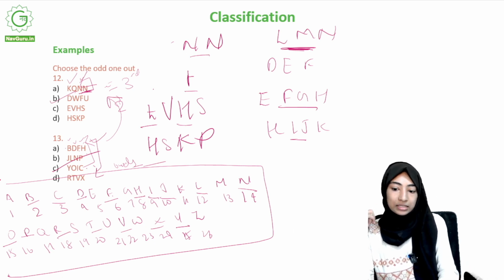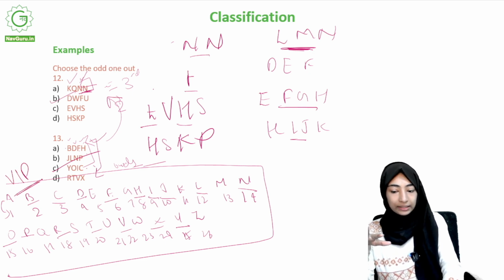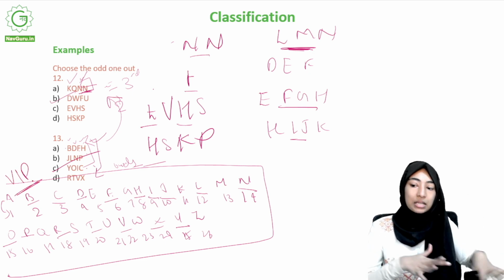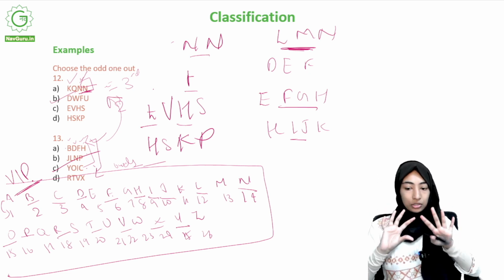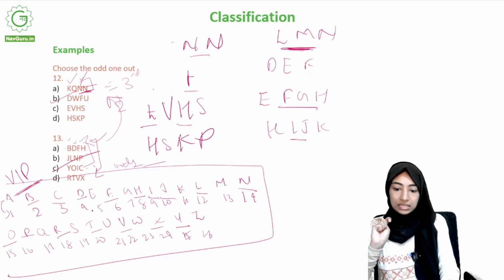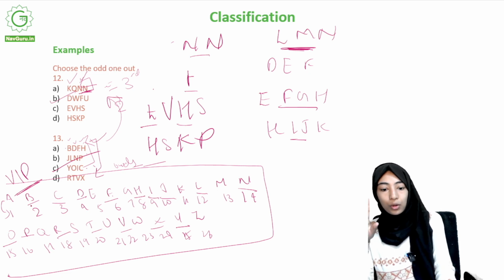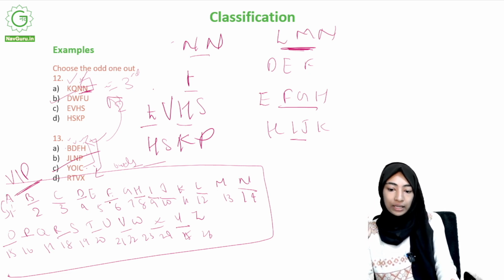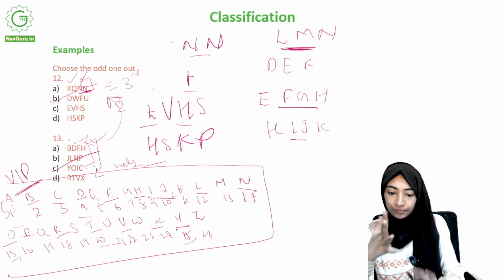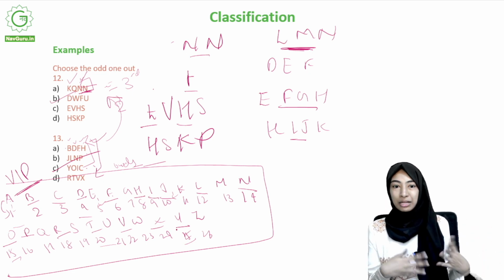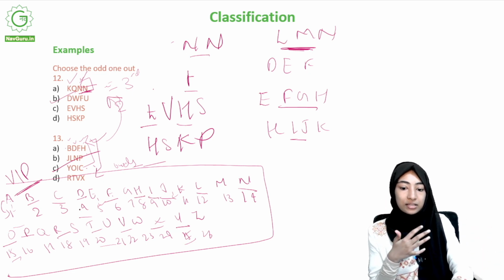By the way, this thing where you write letters and their corresponding numbers is very important. You will need it even for other chapters, for other kinds of exams also. So knowing this is useful. Also, if you know that A corresponds to 1, E to 5, and J to 10, like 1, 5, 10, 15, 20, 26, it'll make it much easier, because then you won't have to sit and write the whole thing.